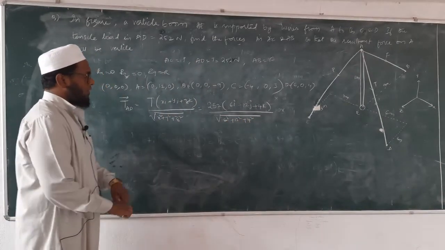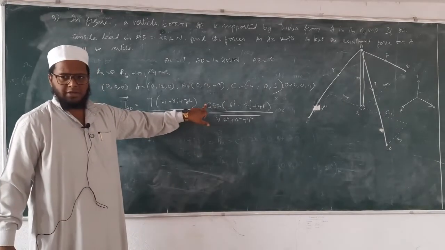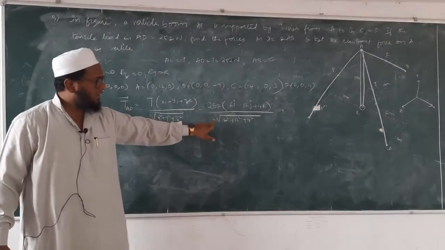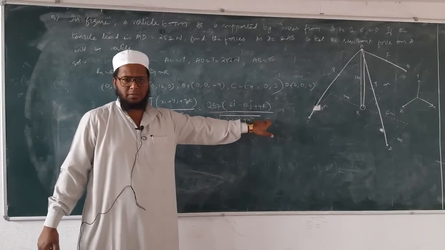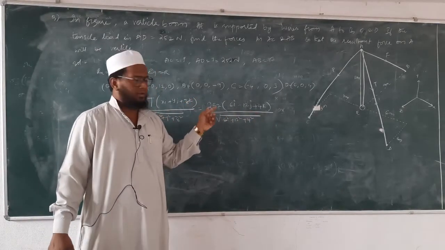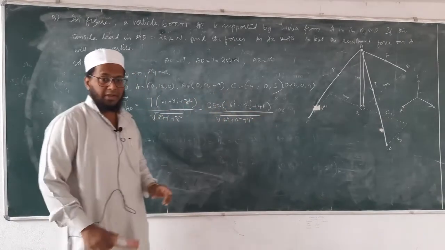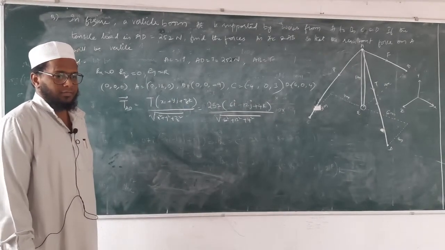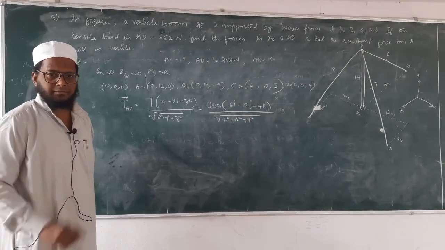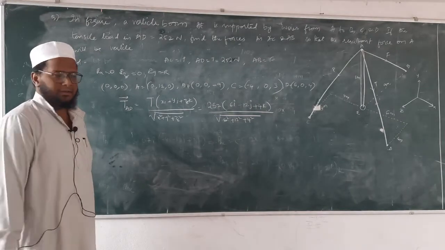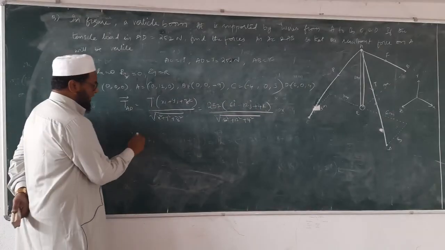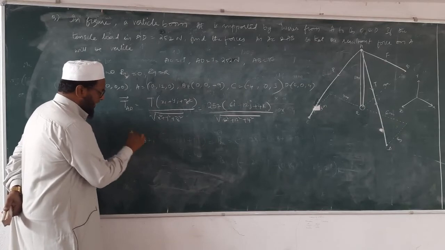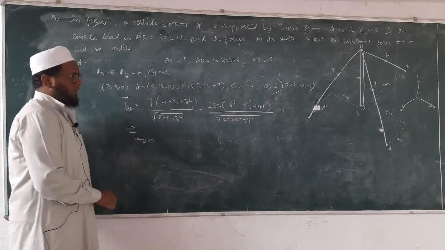Tell me the value. See here, 252 divided by under root 6 square plus 12 square plus 4 square. You will get some value. How much? Total value, 18. Exactly 18. So force vector AD is equal to this value.